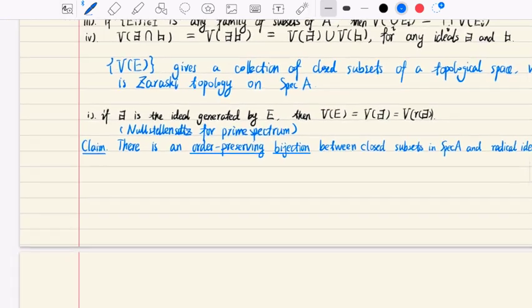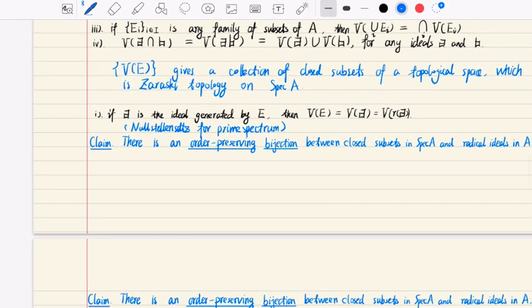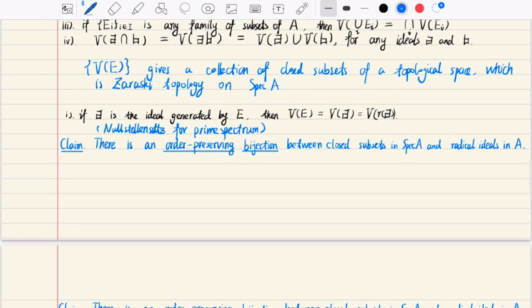But the difficulty of proving the theorem is totally different from Hilbert's one. His theorem is for the maximal spectrum, which is much harder.